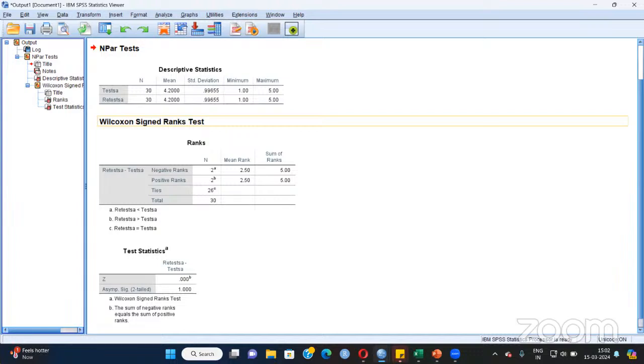I collected data from the expeditioners on the 15th day of each month through the Spielberger state anxiety inventory. Is it clear?